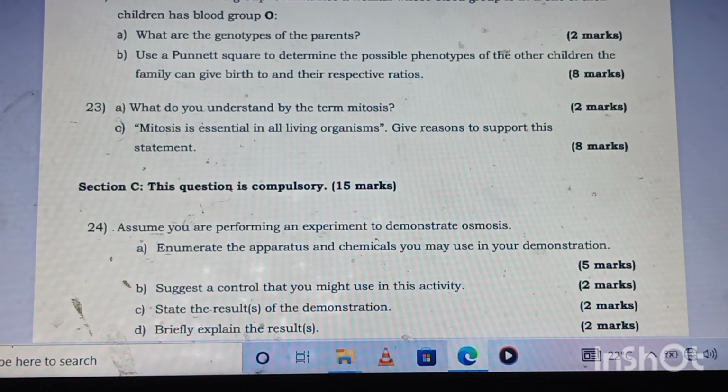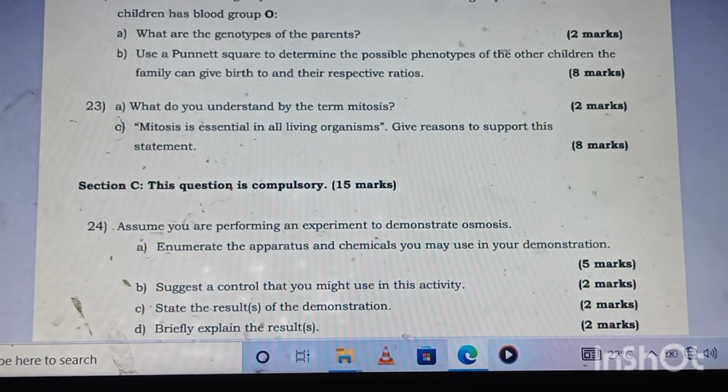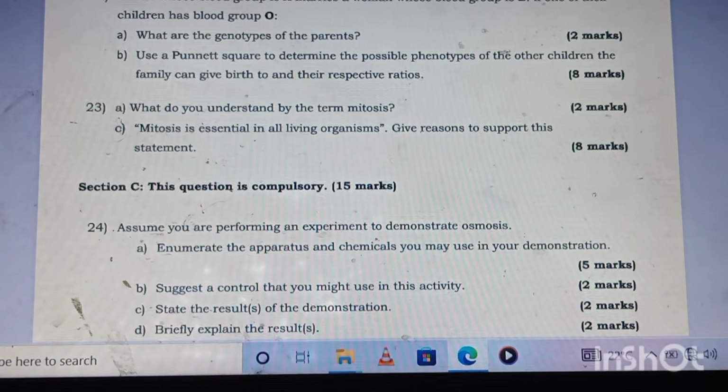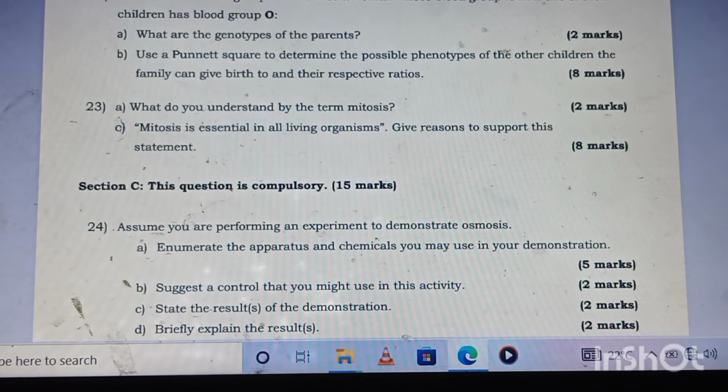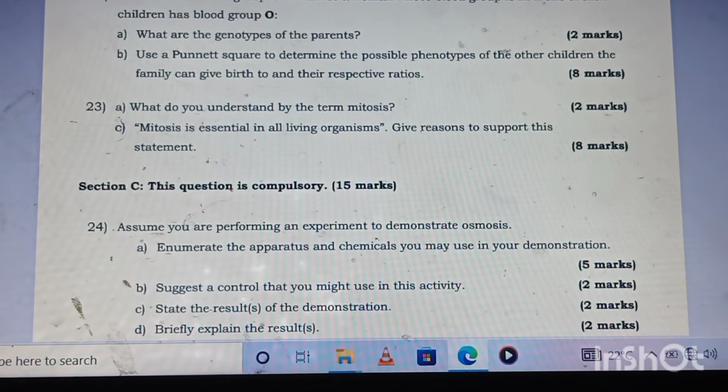Let me draw it. Take the Irish potato, that is the beaker. Then you put sugar. For here you put distilled water, and for here you have the potato.